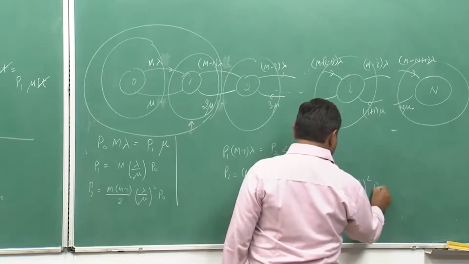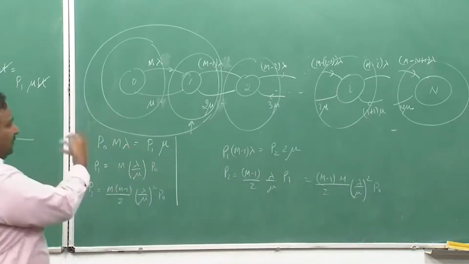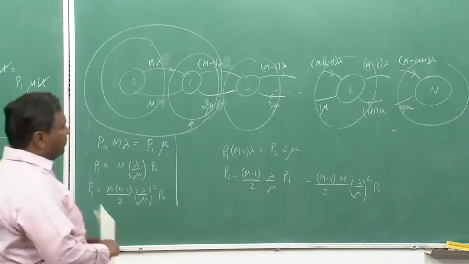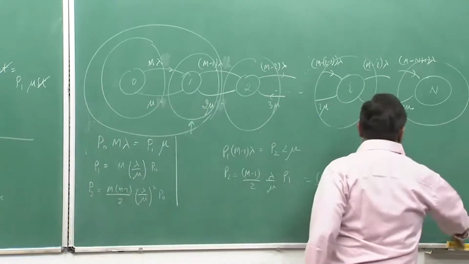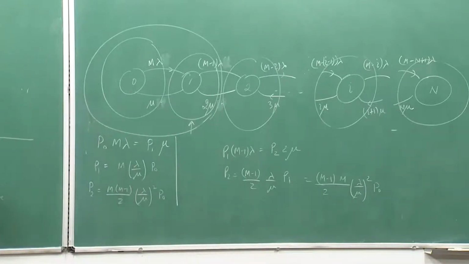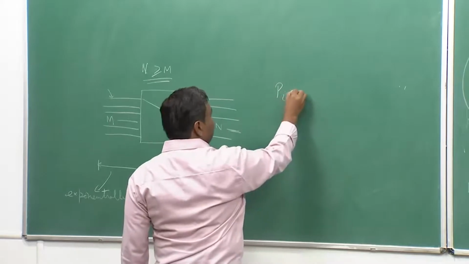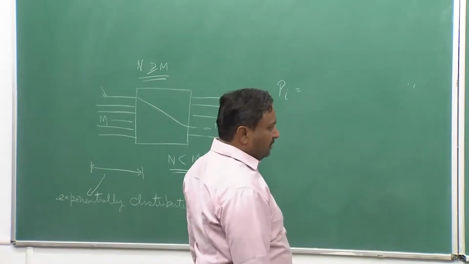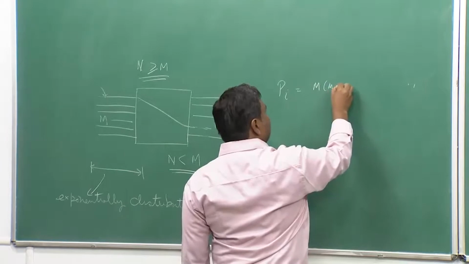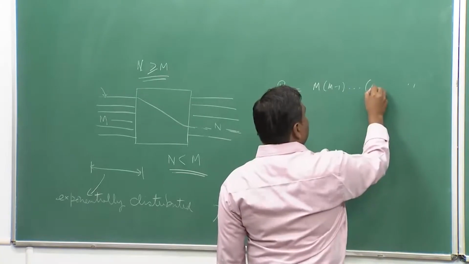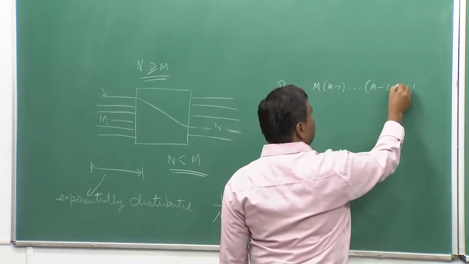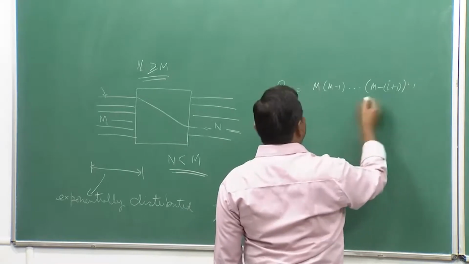I can actually keep on doing it. So, ultimately I can find out what is the probability of being in state I. So, the probability of being in state I will be given by m minus 1, m minus I plus 1, okay.